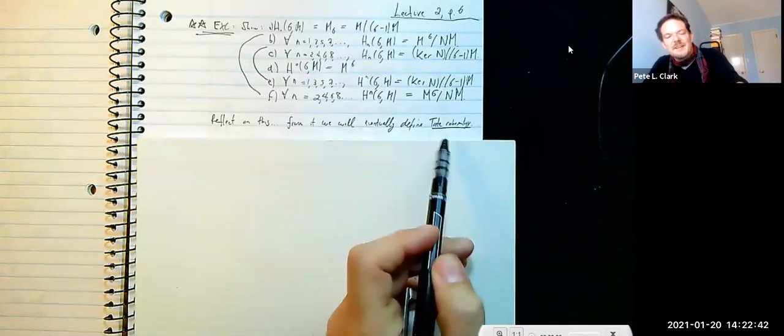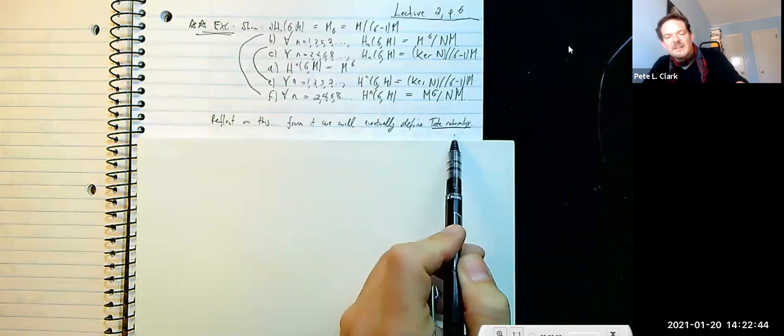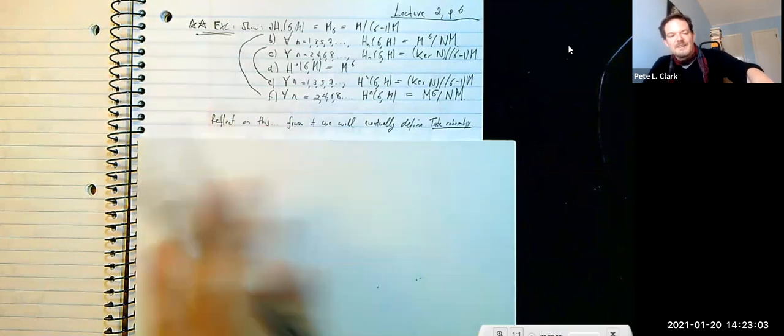And so this is going to be the beginning of Tate cohomology, which for a finite group we define as a Z-indexed infinite sequence of groups obtained by splicing together the cohomology groups and the homology groups. Okay, so this is just level 1 foreshadowing for Tate cohomology, which will come up later.